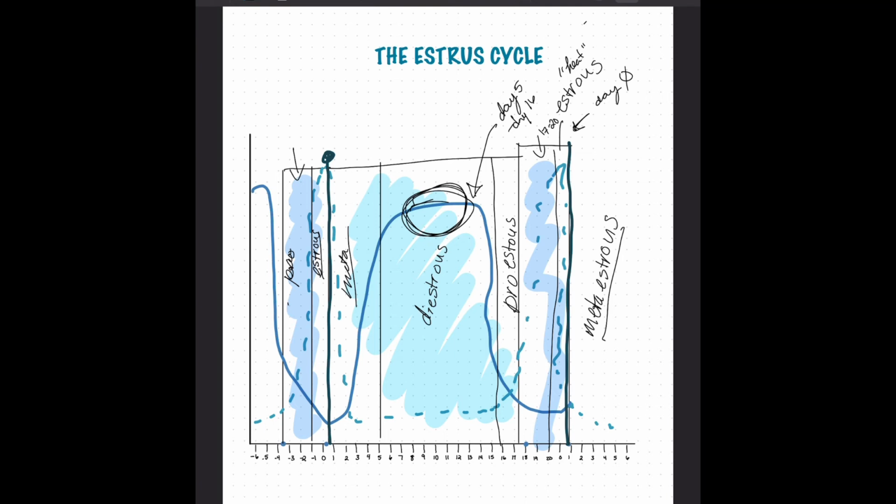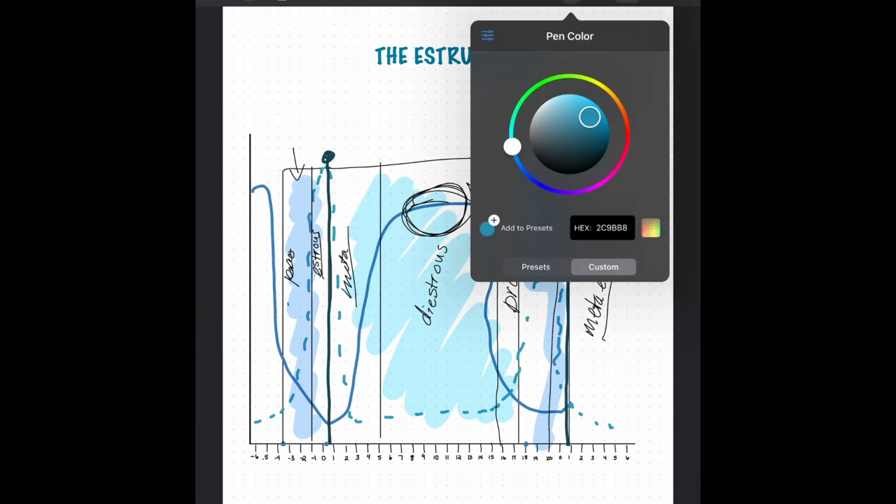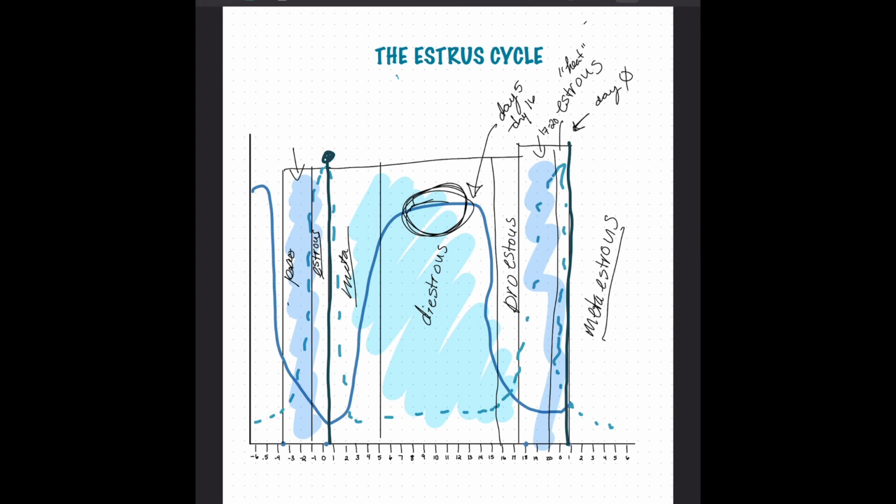So it begins lowering in progesterone and getting higher in estrogen. So it actually looks a little more like this, the line would more so do that, and this line would more so do this, but you can kind of see the general shape.